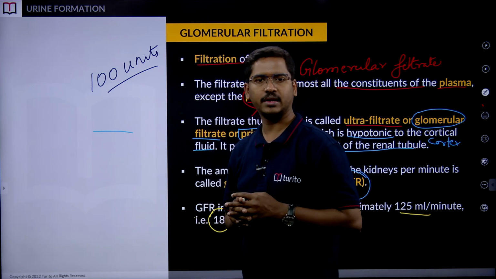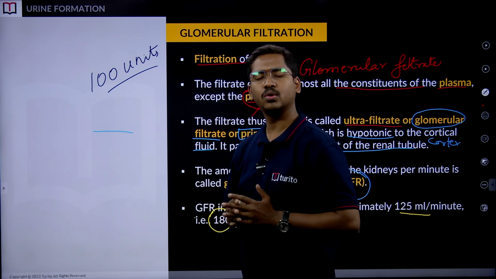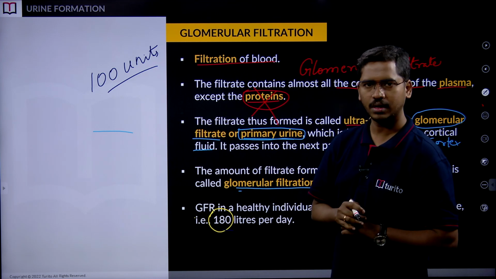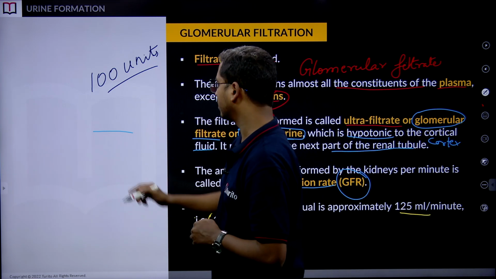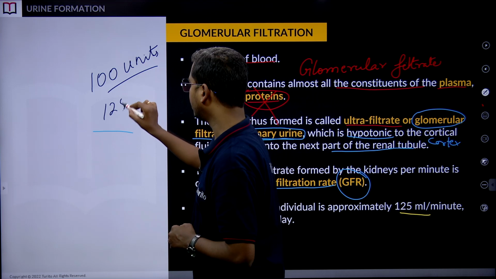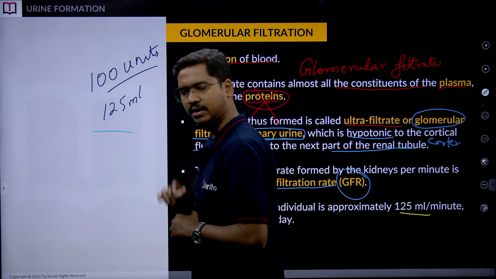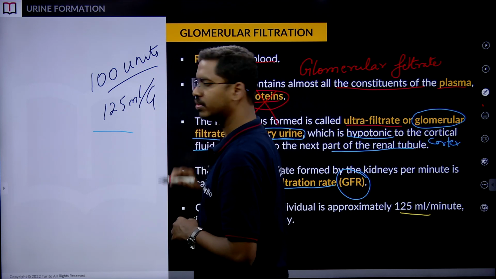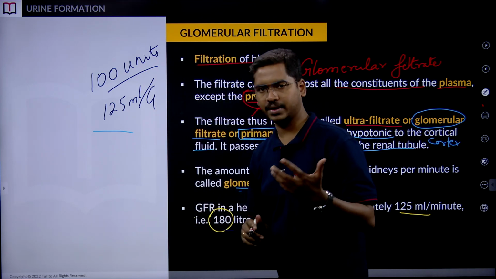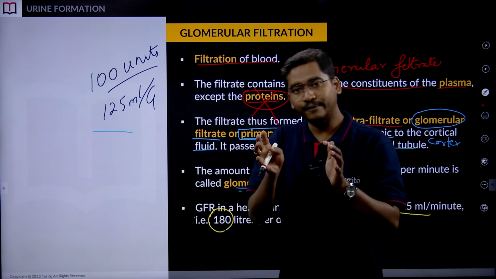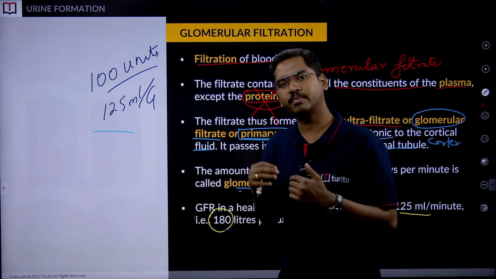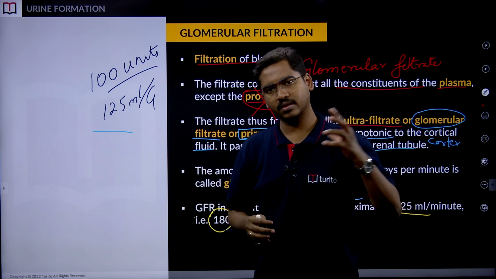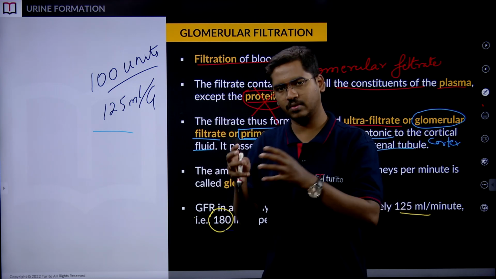Certainly, that is less than the 180 liters shown here. Now, what is said here is that 125 ml out of that fluid passes through the glomerulus, and that too per minute. That means the first set of 125 ml passes through that filtration system, then the second set comes, then the third set. It is a continuous process.